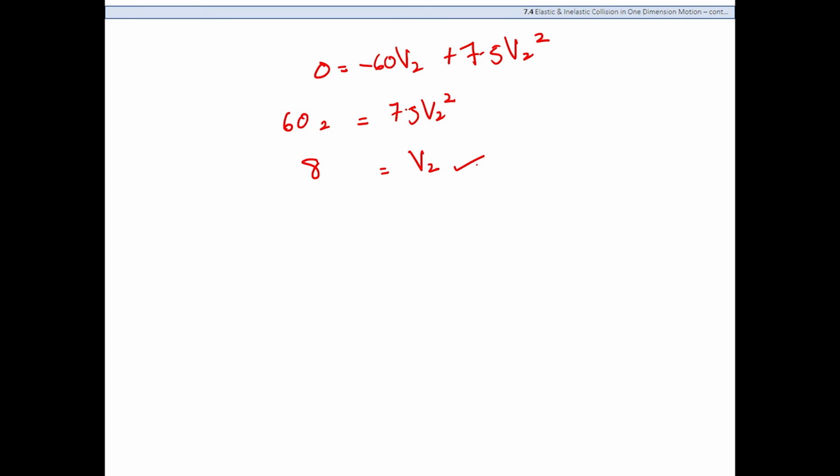How do we get v1? From equation number 1: v1 equals 10 minus 1.5 v2.